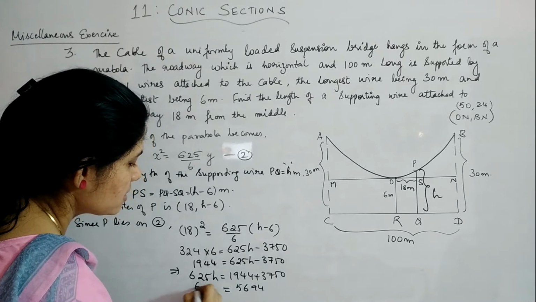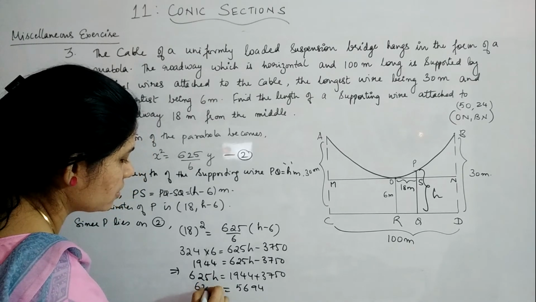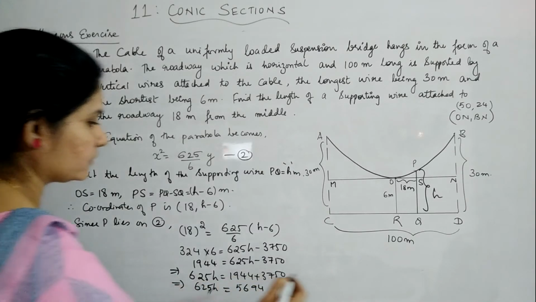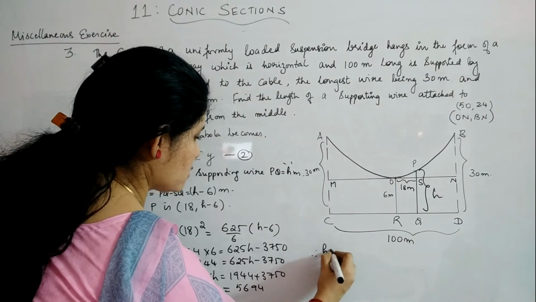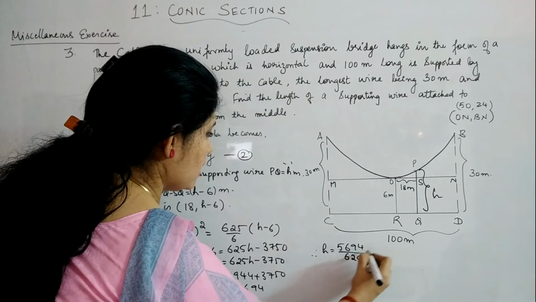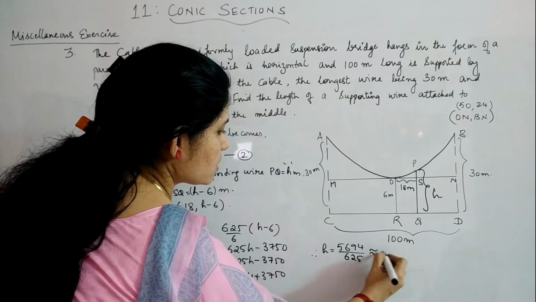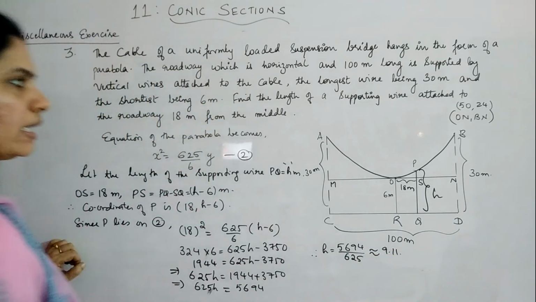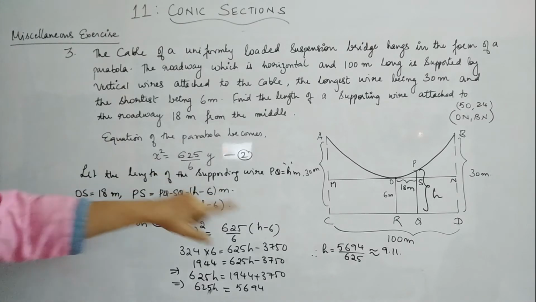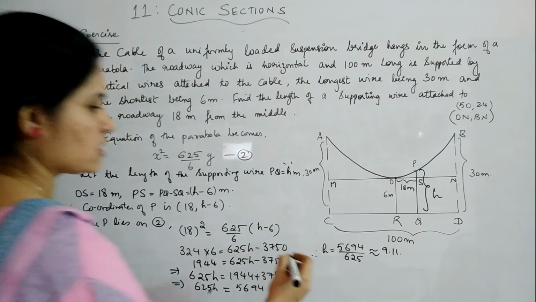So what will be H? Therefore H is equal to 5694 by 625, which is approximately equal to 9.11. Therefore the length of the supporting wire which you need is 9.11 meters.